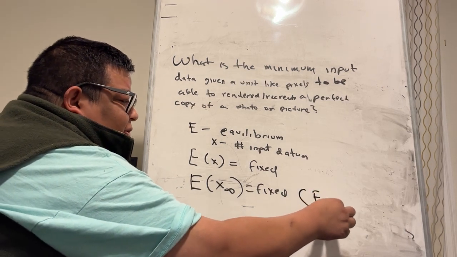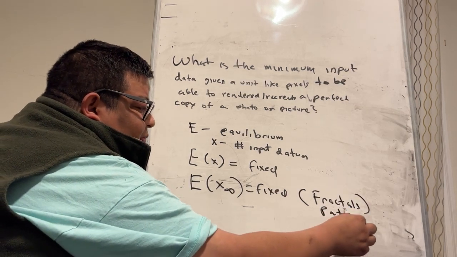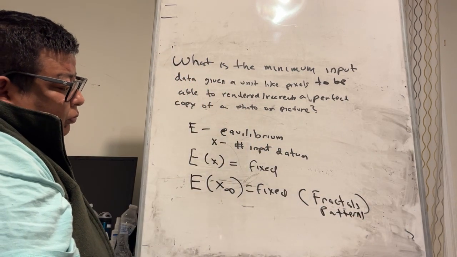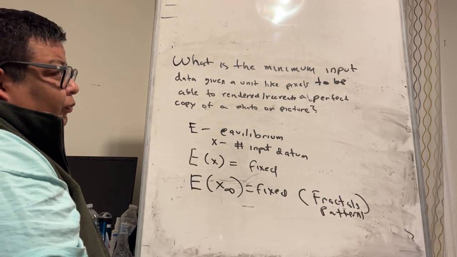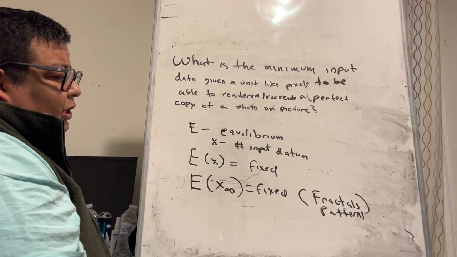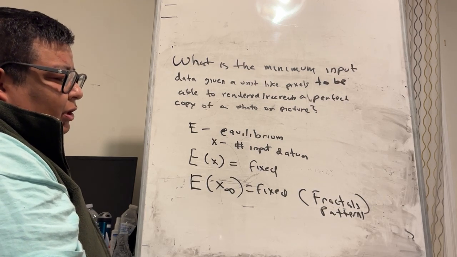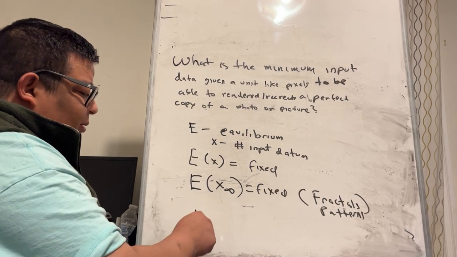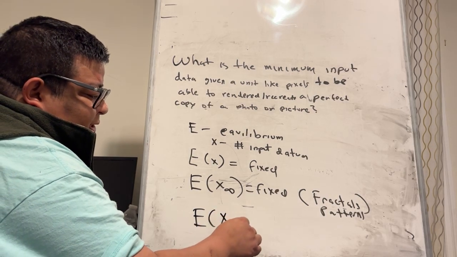For things like fractals, patterns, the only things that we can definitely not say are fixed are when we start talking about exact.